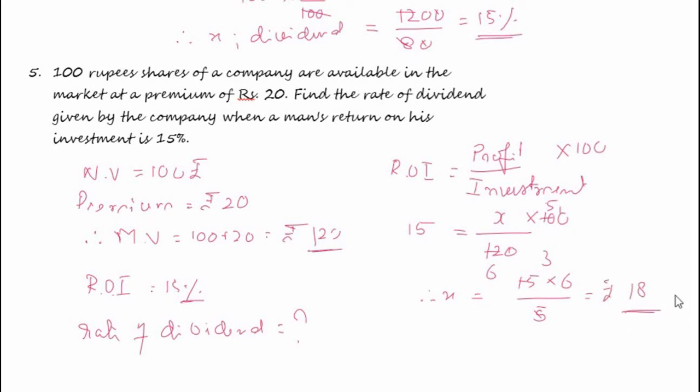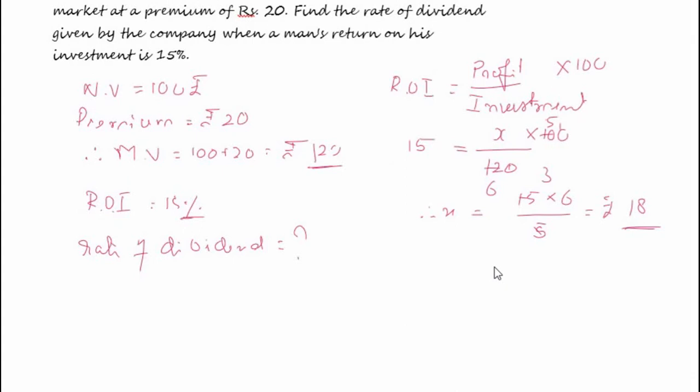So we need to find out the rate of dividend percentage. So dividend formula, you know how dividend is calculated. Dividend is percentage dividend into NV into number of shares.